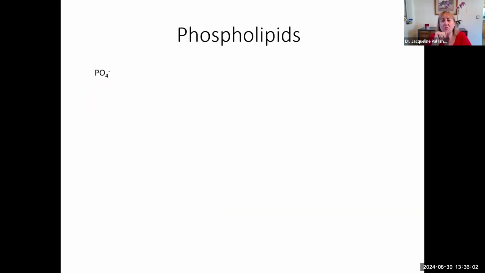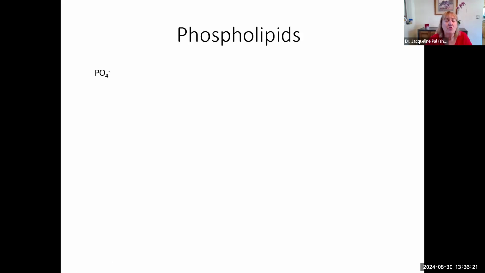However, I do want to talk about phospholipids. So let's look at this word. We have a phospho and a lipid. So we know it's going to be a lipid, but it also has a phosphate attached to it. And here is what phosphate is. It's a phosphorus with 4 oxygens, and it has a negative charge.